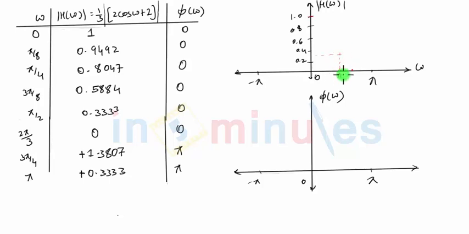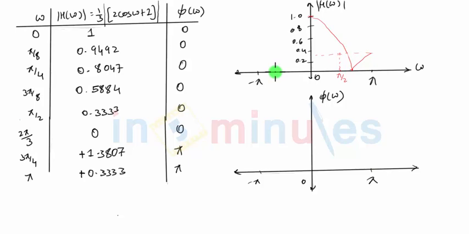So this is our pi by 2 point where the value will be 0.33, and somewhere at 2 pi by 3 the magnitude response will fall down to 0, and then it will again increase, and at omega equal to pi it will be equal to 0.333 again.